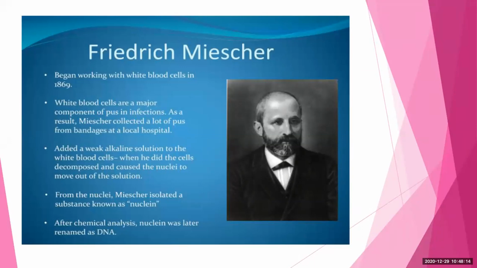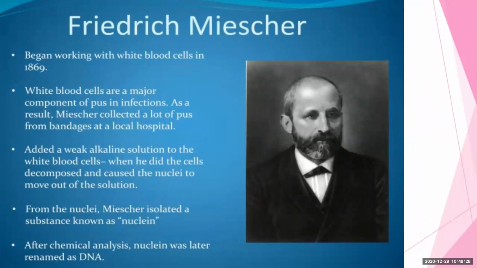So first, let us know this person, Friedrich Miescher. He was the first person to identify DNA, to find DNA from the cell. So let us see how he found it. He was working with white blood cells in 1869, doing research on them.